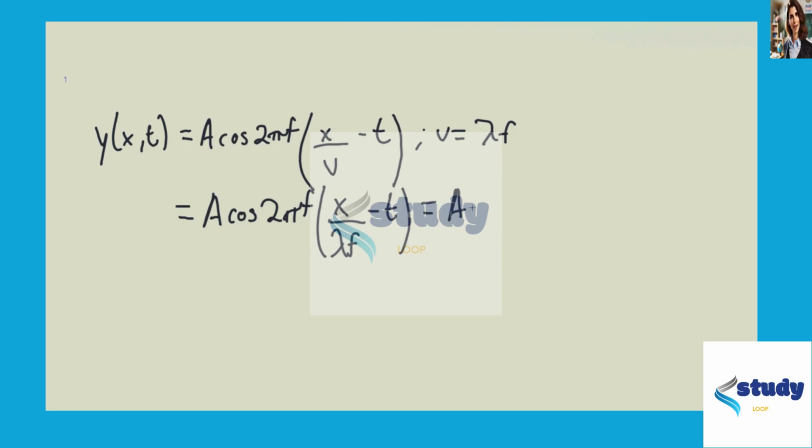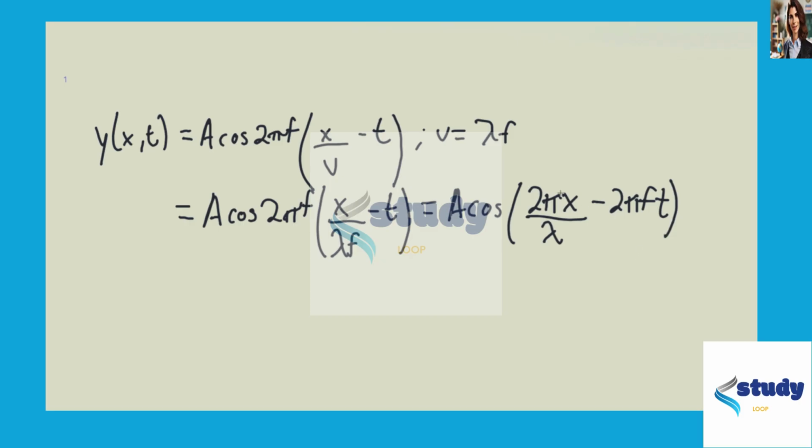So we should have now a cosine. Then it'll be 2 pi f times x divided by lambda f. So it's going to end up to be 2 pi x over lambda, because the frequency is going to cancel out, and then I'll have negative 2 pi f t here.